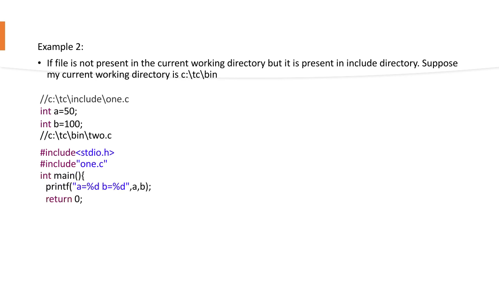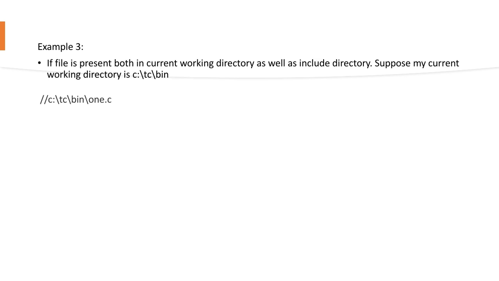Then this include of 1.c will still produce the output a equal to 50, b equal to 100, since it is present in the include directory. Now the real question comes when the file is present in both the current working directory and the include directory.